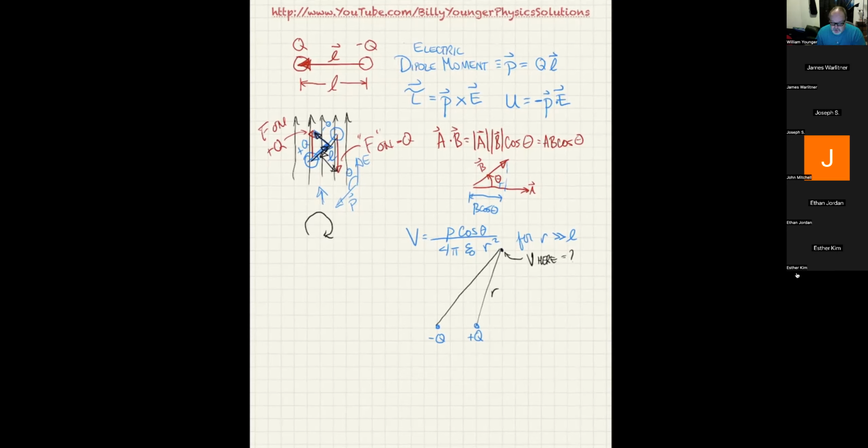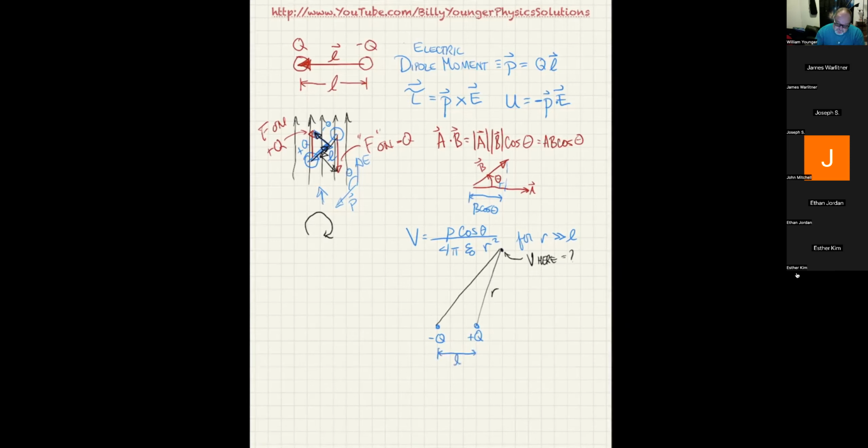What I'm showing you here is the case of R being way, way bigger than this distance L. L, in case anybody's wondering, is that distance.